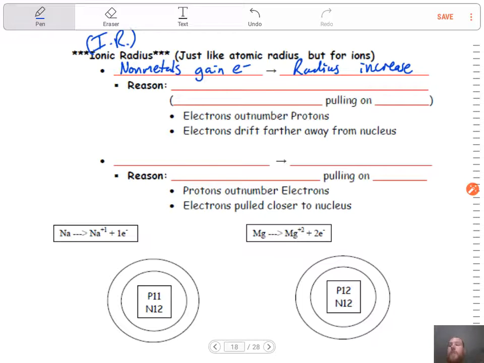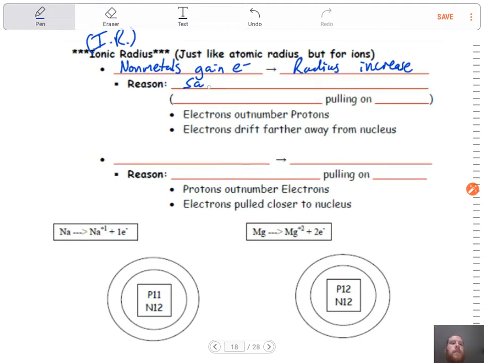Now, the real reason why is that you have the same nuclear charge. That means you have the same number of protons pulling on a different number of electrons.